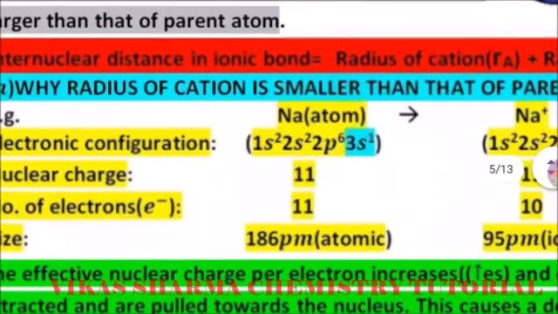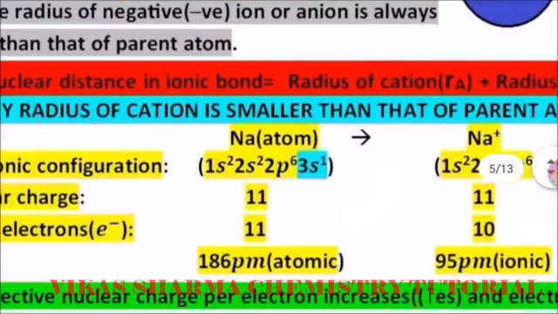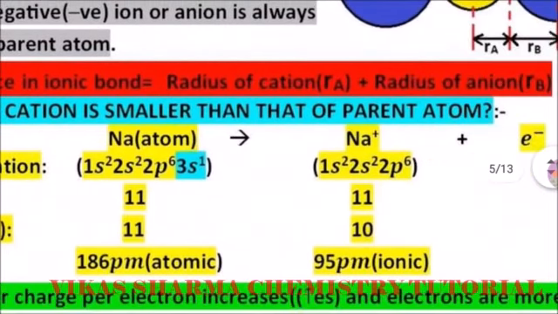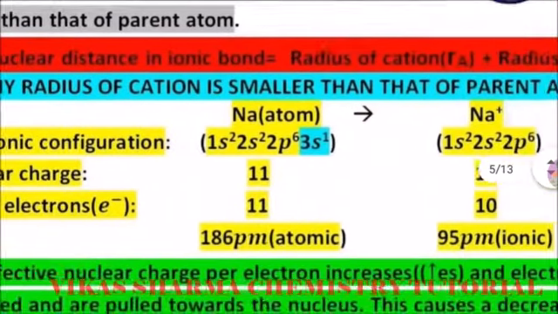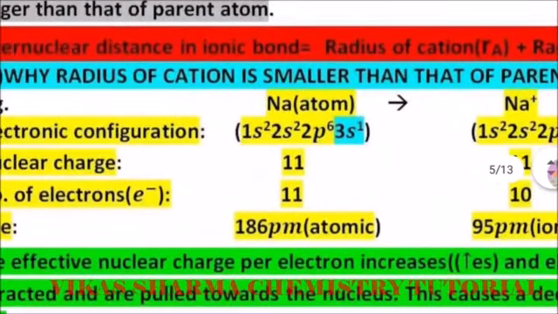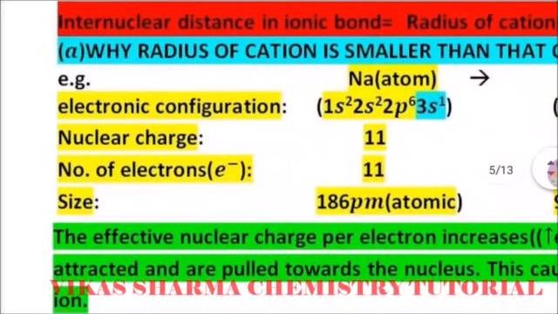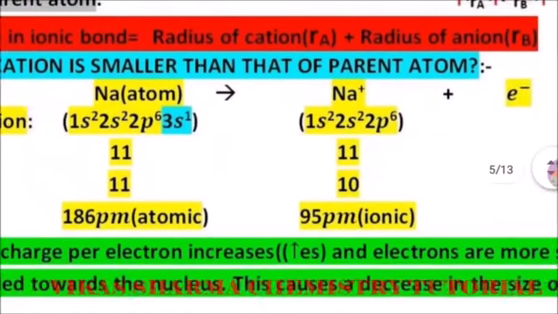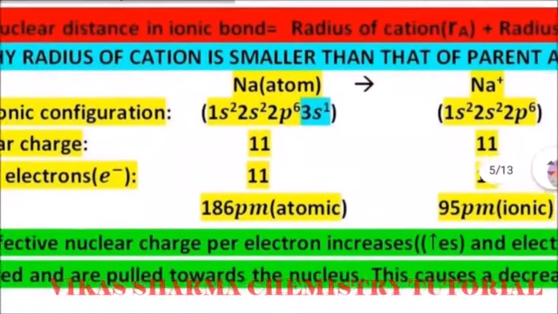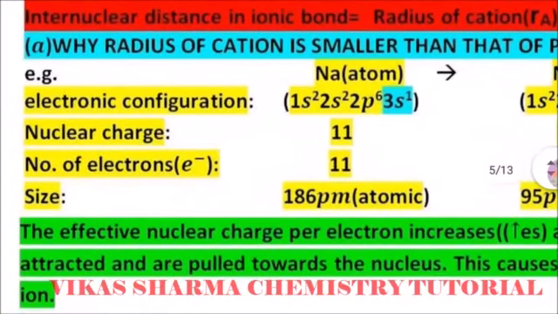So students, the question is raised in our mind: why is the radius of a cation smaller than that of the parent atom? If the sodium atom configuration is 1s2, 2s2, 2p6, 3s1, and it removes one electron, it becomes 1s2, 2s2, 2p6. The nuclear charge is the same, 11, because the protons are the same; only the electron is removed. The number of electrons in a sodium atom is 11, but if it removes the electron, the number of electrons is 10.